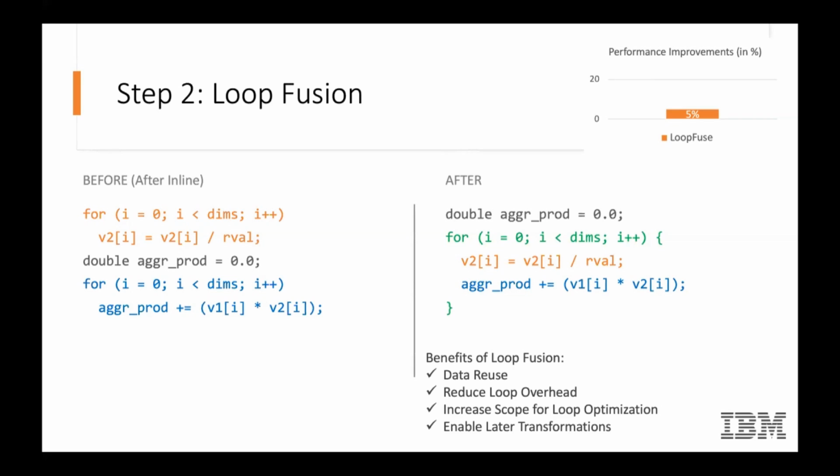Before loop fusion, the two instructions are in two different loops, and there cannot be a single SCAF expression created for two instructions in two different loops.